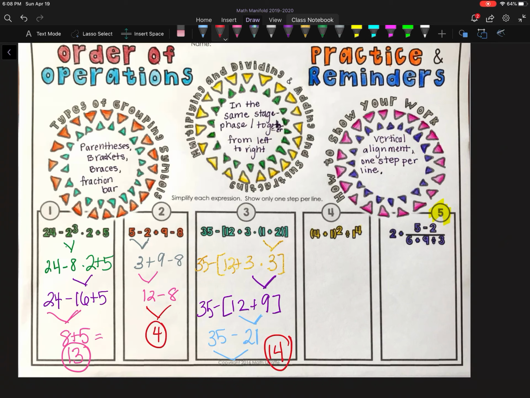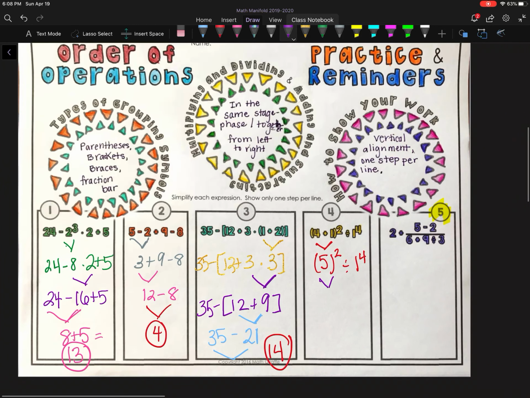Number 4, we have exponents and parentheses. In this case, we need to do what's inside the parentheses first. 4 plus 1 is 5, to the 2nd power, divided by 1 to the 4th power. And because I've got 2 exponents, we'll just go from left to right.